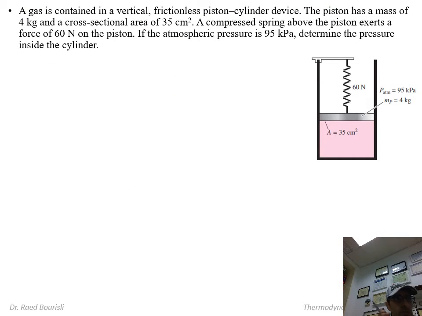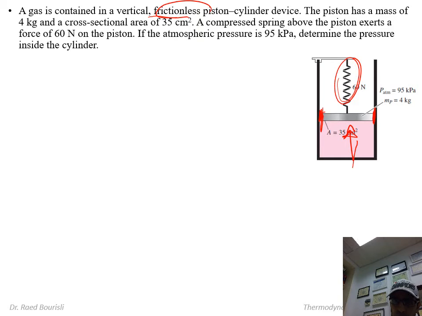So let's look at piston cylinder devices. A gas is contained in a vertical frictionless piston cylinder. So when it goes up and down freely, there is no friction here resisting the work. So when it expands, all the work done is stored in this spring.